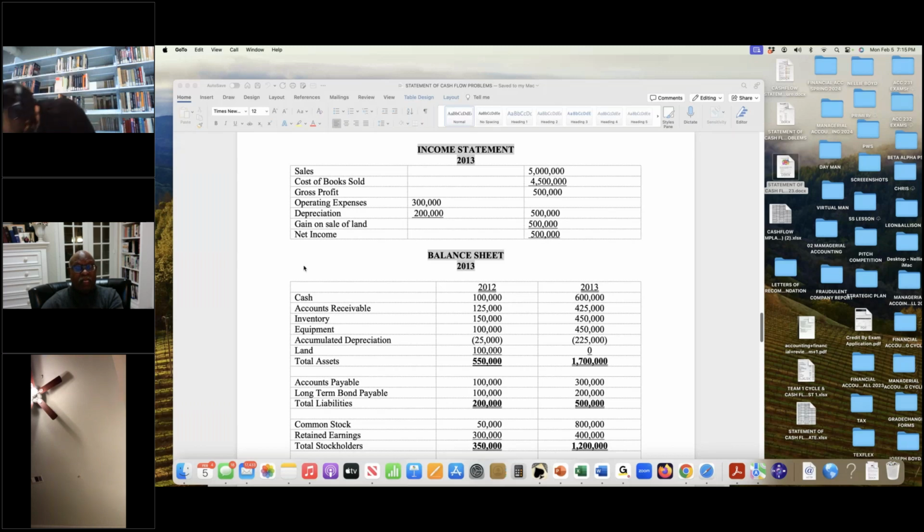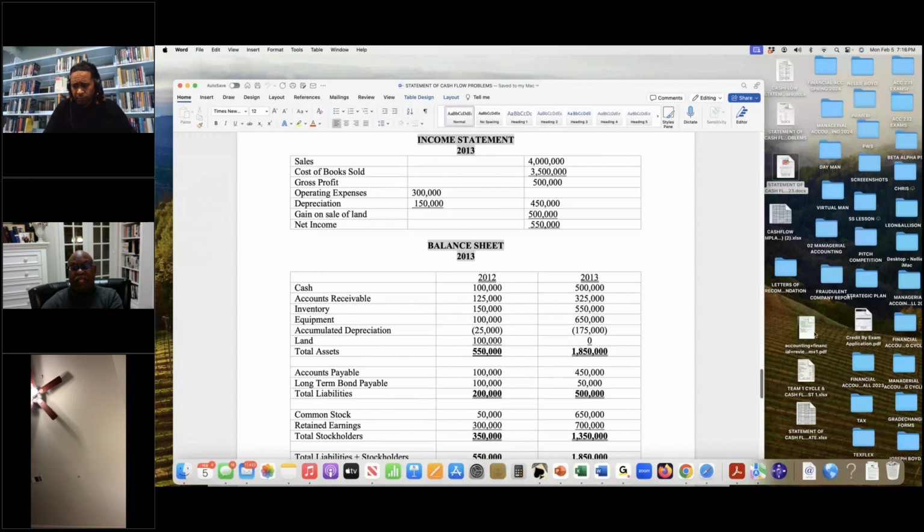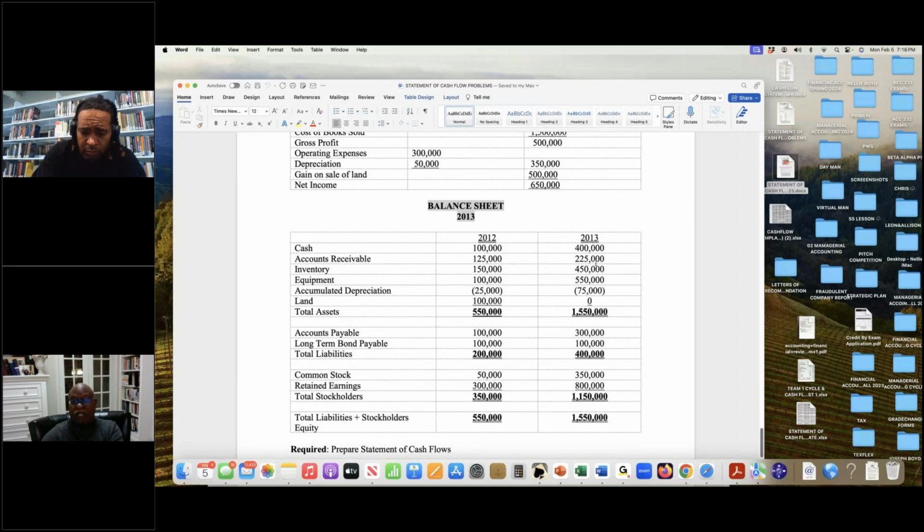Let's go on to problem 5. What did receivables do? It went up 200, so it's a use. We're getting there now. And in 8.6, what did receivables do? They went up, so they're a use.